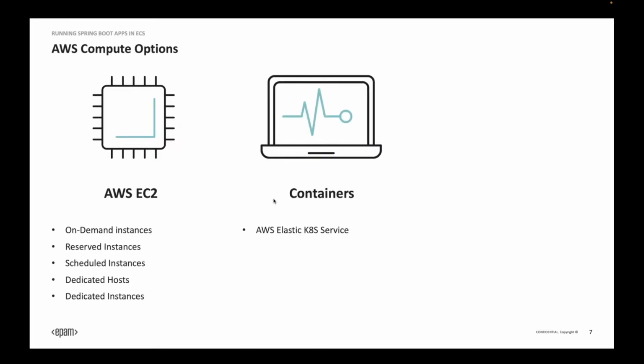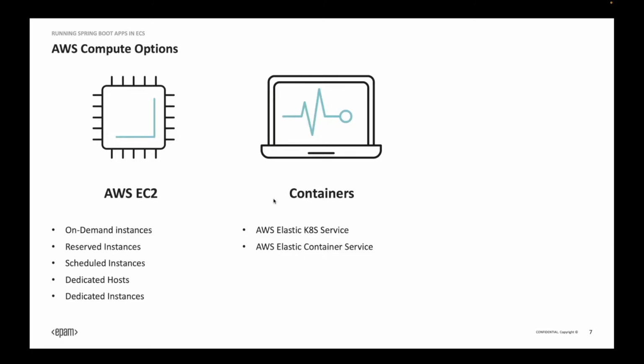Speaking about containers, there are two major container engines available in AWS. Of course, they are Elastic Kubernetes Service and Elastic Container Service. Speaking about Kubernetes in the cloud, it is actually the very same Kubernetes you can run locally. You can, for example, install Kubernetes on your computer and run it.